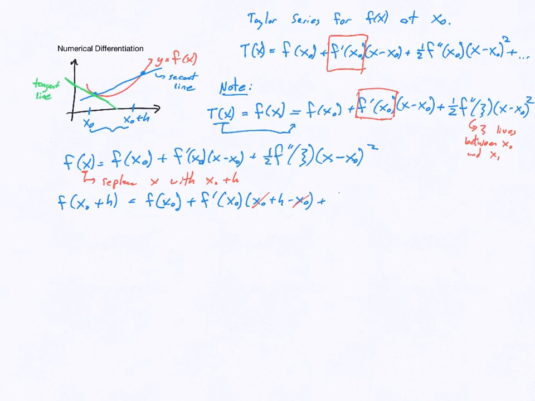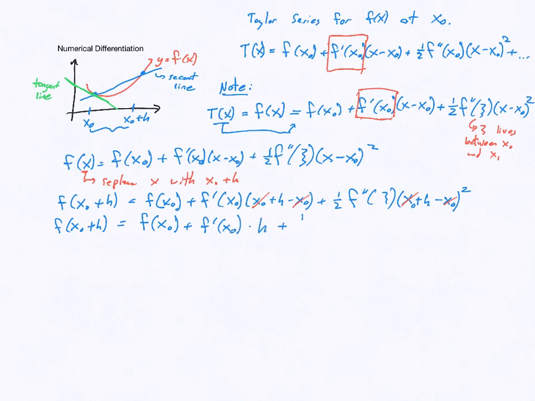And now I'm going to have plus 1/2 f double prime of psi, and I'm going to have x naught plus h minus x naught squared. And just like in the other case, the x naughts cancel. So if I simplify this, I'm going to have f of x naught plus h is equal to f of x naught plus f prime of x naught times h plus 1/2 of f double prime psi times h squared.